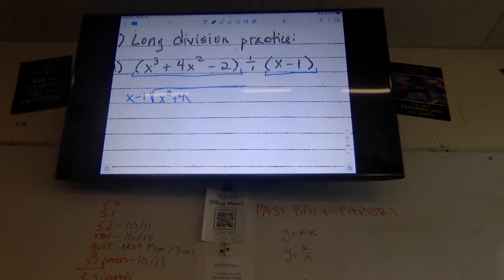Now, you need to make sure that you have every single term taken care of. So if I start with x to the third, I need an x to the third, I need an x squared, I need an x, and I need a constant. I don't have an x term here, so I'm going to put what in for x? 0x. So I'm going to write 0x and then minus 2.